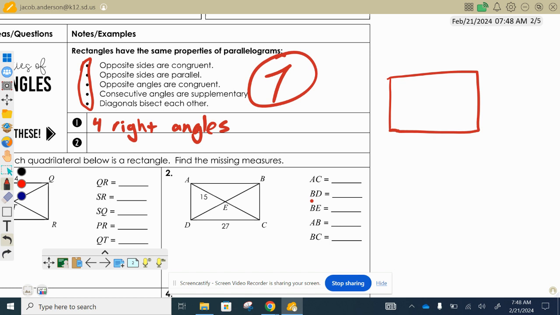If that's my rectangle and I want to figure out if it's really 90-degree angles, I can take my measuring tape and measure from this corner all the way to this corner and check its distance. And I can do the same thing over here. And if those two diagonals are congruent, that means it's a rectangle.